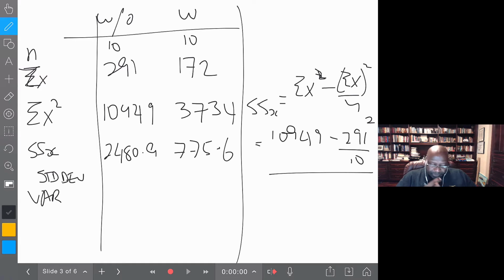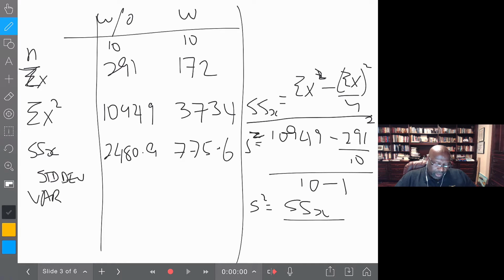All right. So to get the variance and the standard deviation, all we have to do is divide by n minus 1. So s squared is SSX over n minus 1.